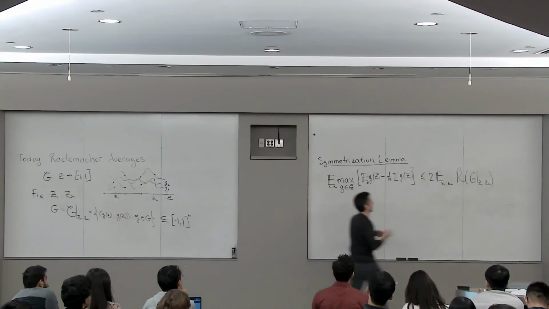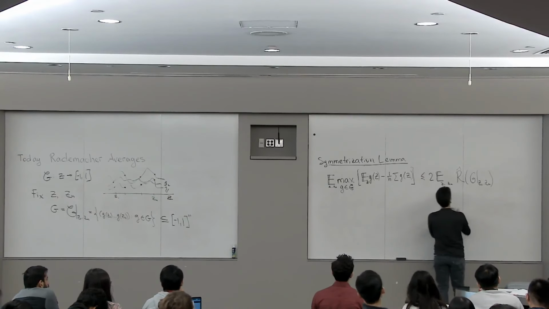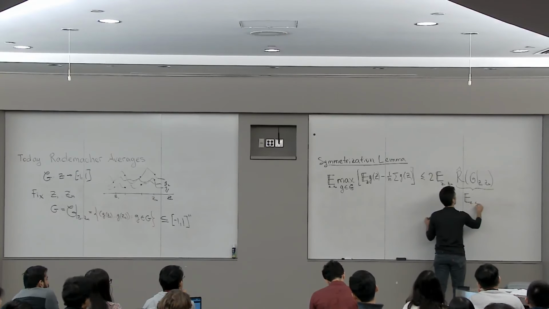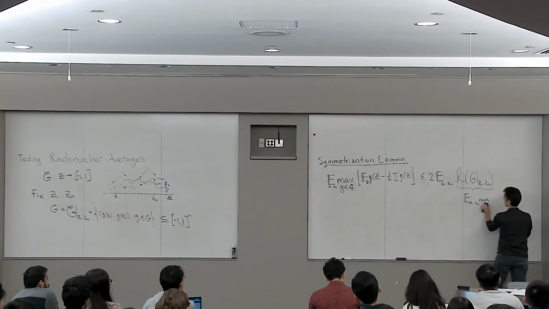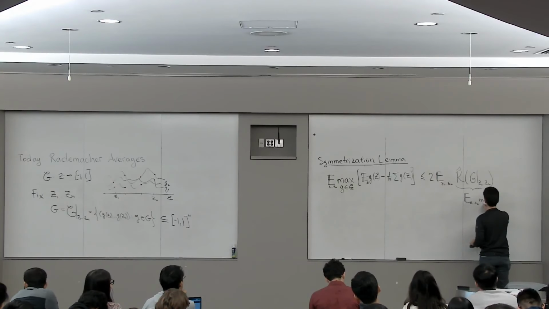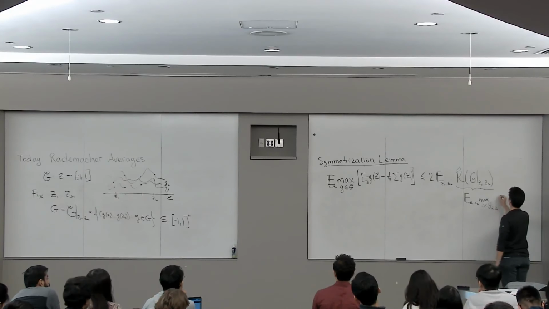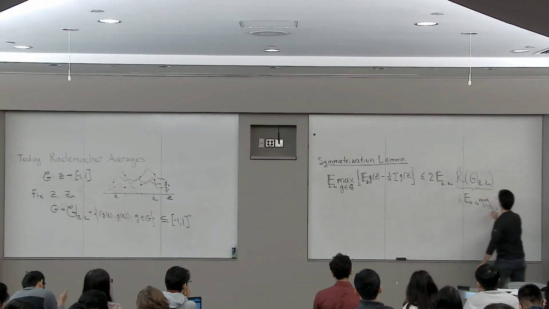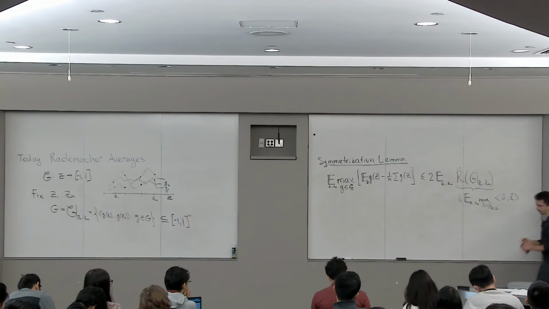And let me just write this out. This is nothing but, actually let me write out this part. Expectation over epsilon 1 through epsilon n, max over a vector, now this is a vector, let me call it a different name, let's say a in G projected onto Z1 through Zn, of 1 over n, of a and epsilon, or epsilon and a.